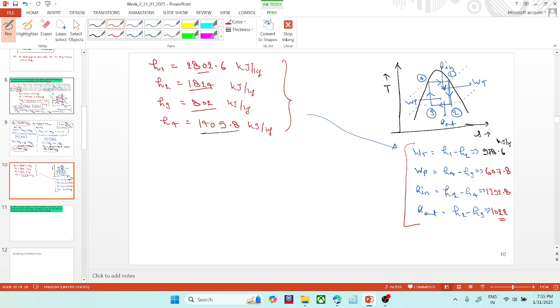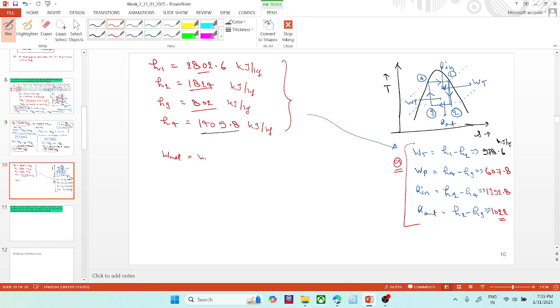Let me go to the questions. Calculate the heat and work transfer. Like this, we have calculated the heat and work transfer. This is the answer of question A. Then, what would be the cycle efficiency? Let me write one more thing here, the net work done.